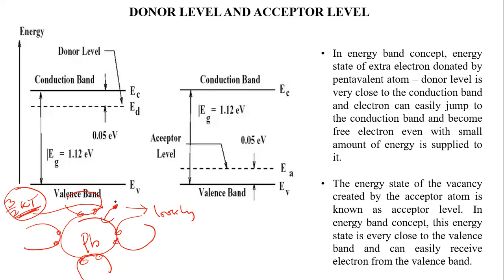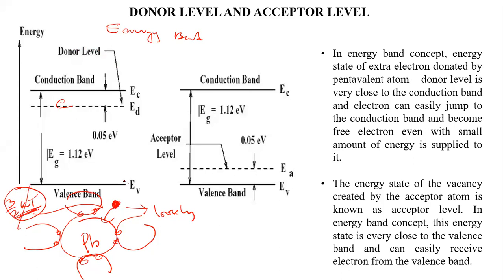When you look at this system from the energy band concept, you will find that the energy state of this electron, which is loosely bound to this atom, is somewhere here, which we call the donor level.